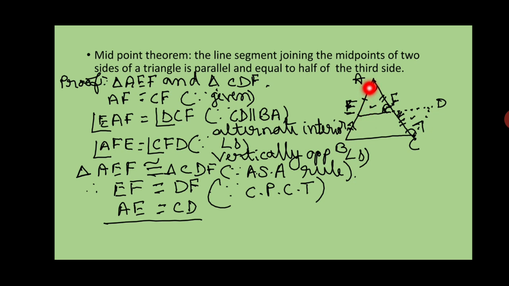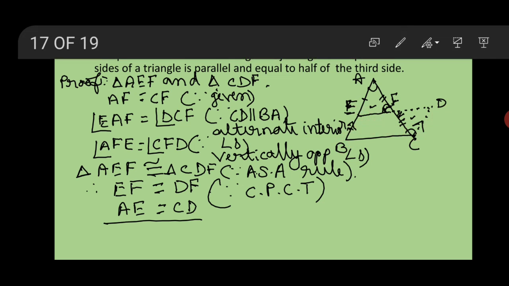Now, look into the figure. AE is equal to what? BE. Why? Because E is the midpoint of AB. Therefore, AE is equal to BE. And now, we just proved AE is equal to CD. So, can you say BE is also equal to CD? Right.